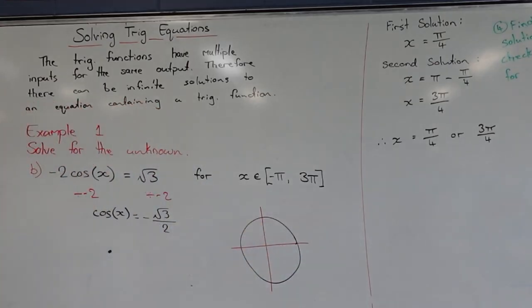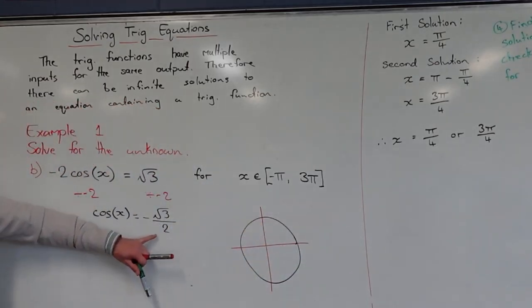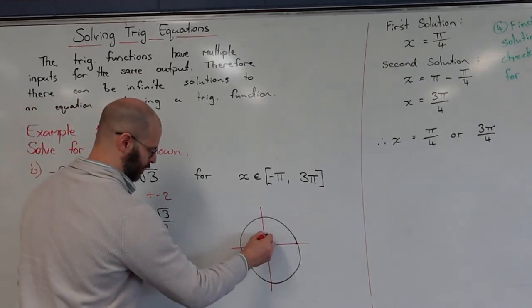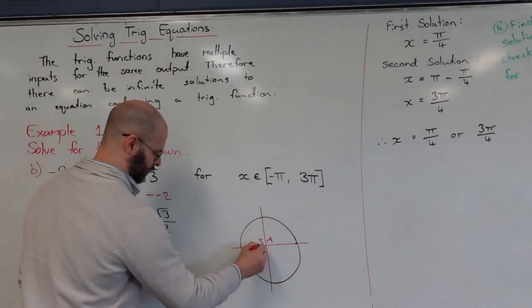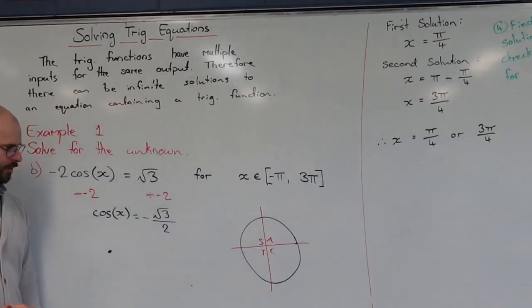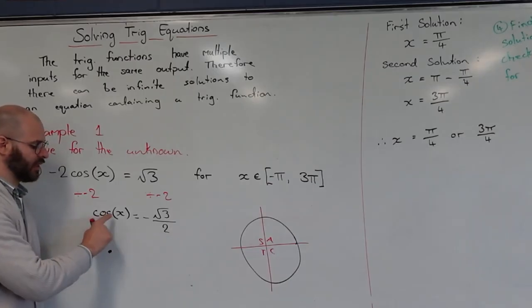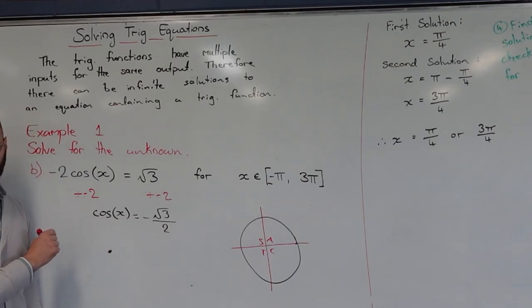Now, next step. I draw a little picture because a picture paints 1,000 words. The question I ask is, where are my solutions expected? How can I ask a more specific question? Where is cosine going to give me negative values?